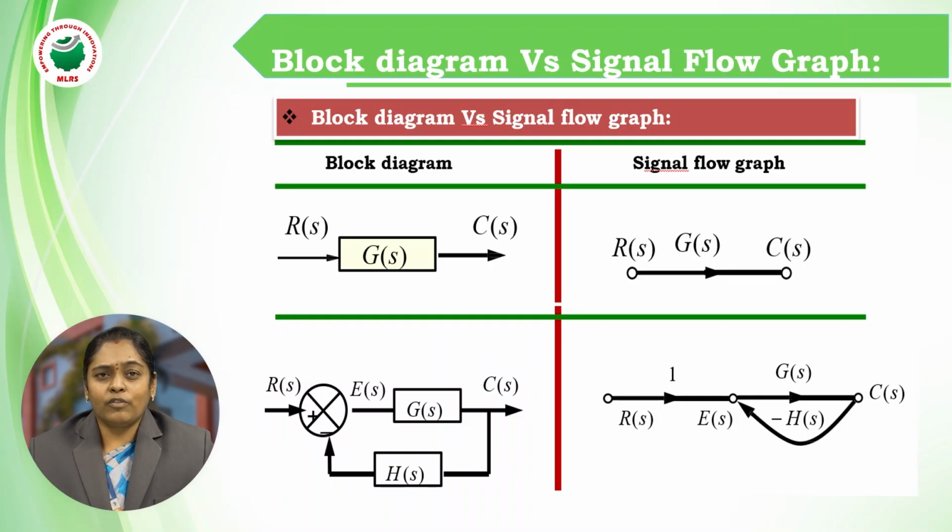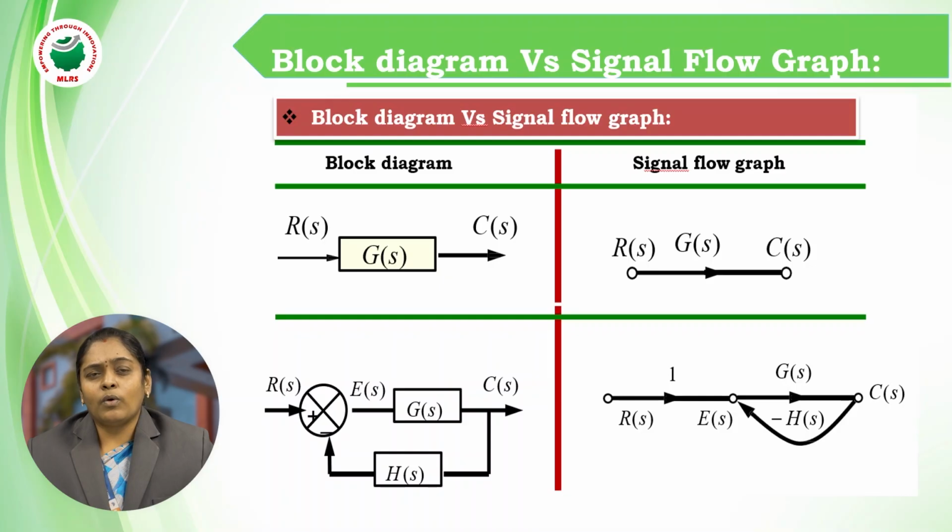Now, these are the components of the signal flow graph. A signal flow graph basically consists of nodes. These nodes may be an input node, output node or a mixed node, and the connection line between the nodes is called a branch. The next one is the path. Path is how the signal is transferred from one node towards the other node. This path may be either an open path or a forward path.